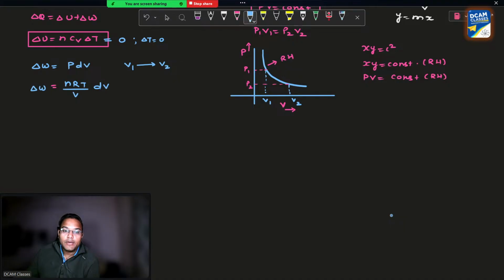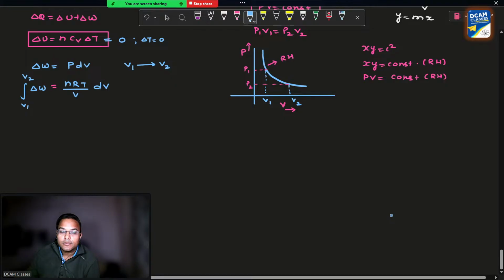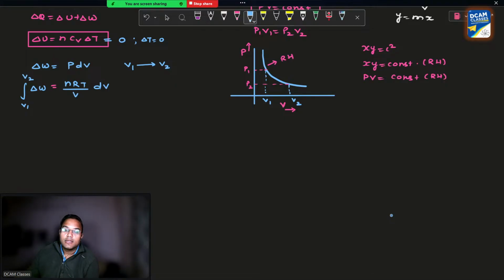Now to find out the work done, I will have to integrate. Variable is dV. Volume is changing. So temperature is constant, nR is constant. So integral nRT dV by V, nRT will come outside.